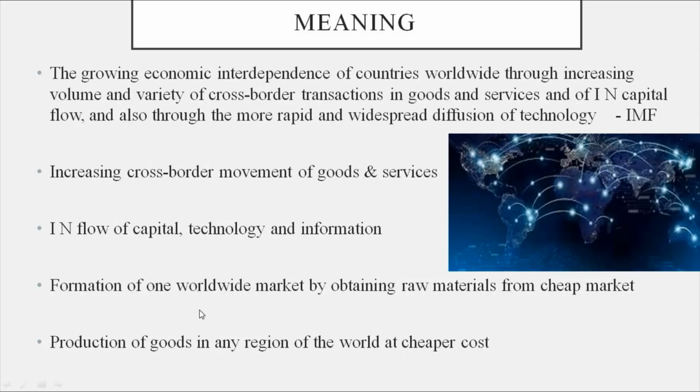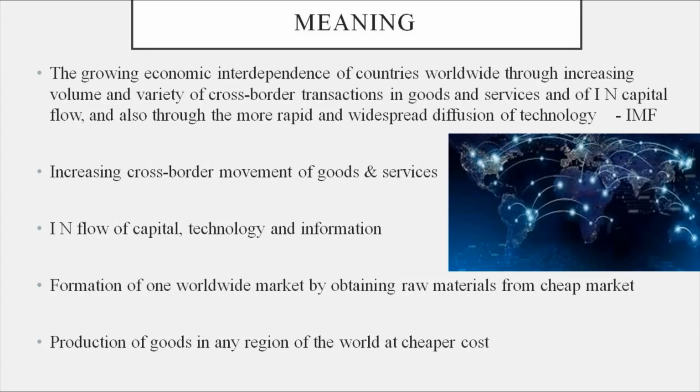And there is the formation of one worldwide market. By obtaining raw materials from a cheap market, for example in India, if we are getting the raw material very costly, or if it is not possible to get it here, we can search for that raw material in any country where it is cheaper, purchase it from that country, bring it here and convert it into finished goods.